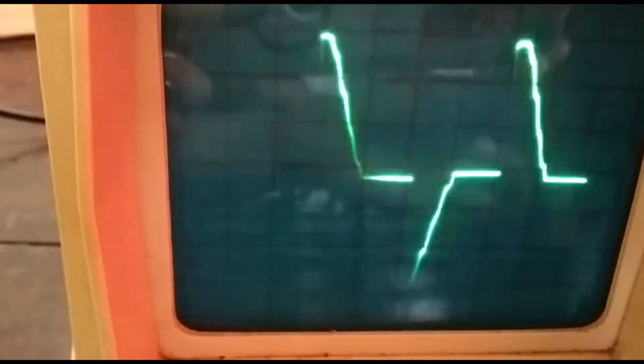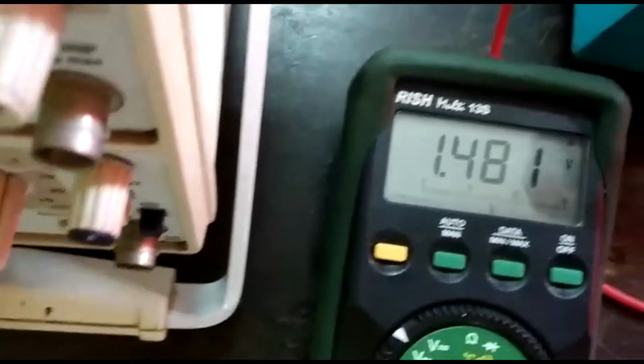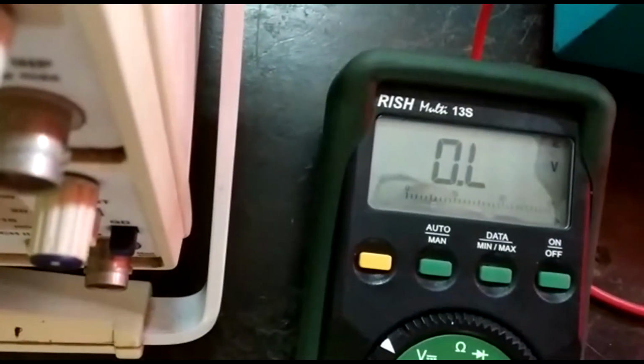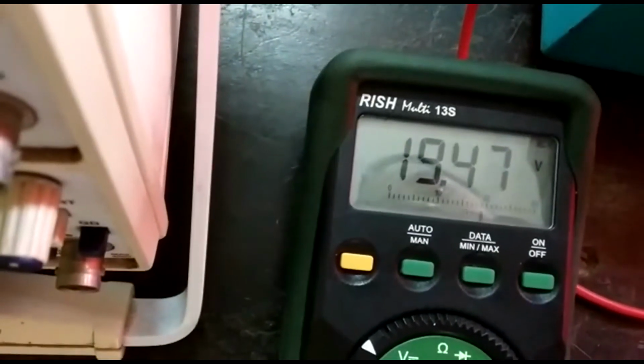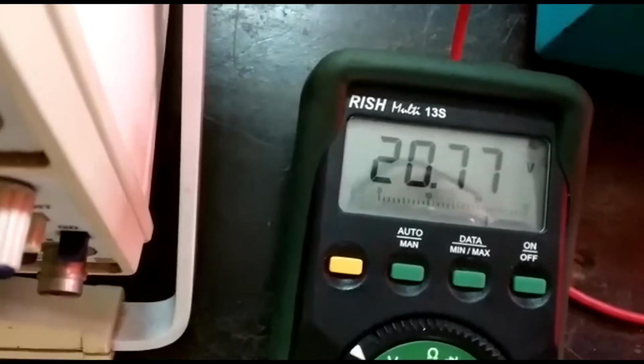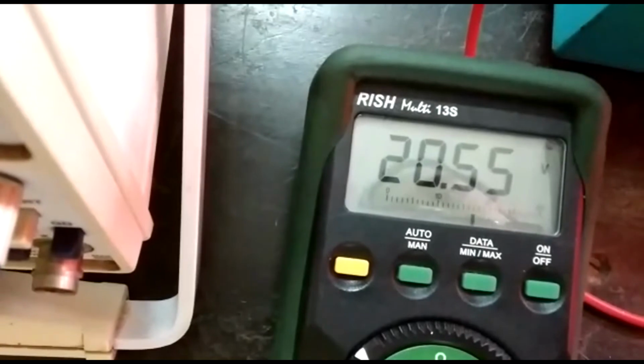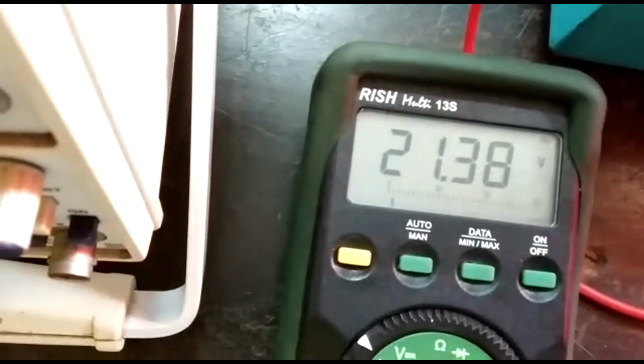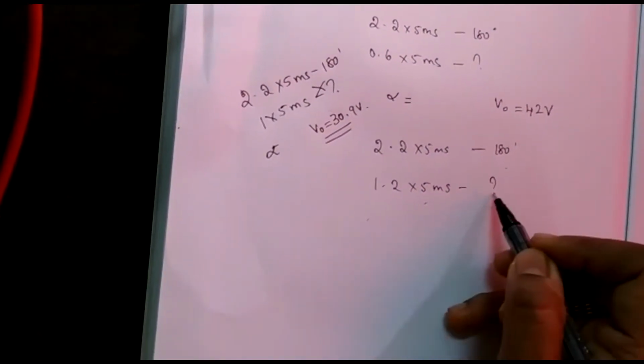We'll take the last reading. Now the units is 1.2 into 5 milliseconds, and the output voltage is around 22 volts. So, 2.2 into 5 milliseconds is 180 degrees. 1.2 into 5 milliseconds is how much?